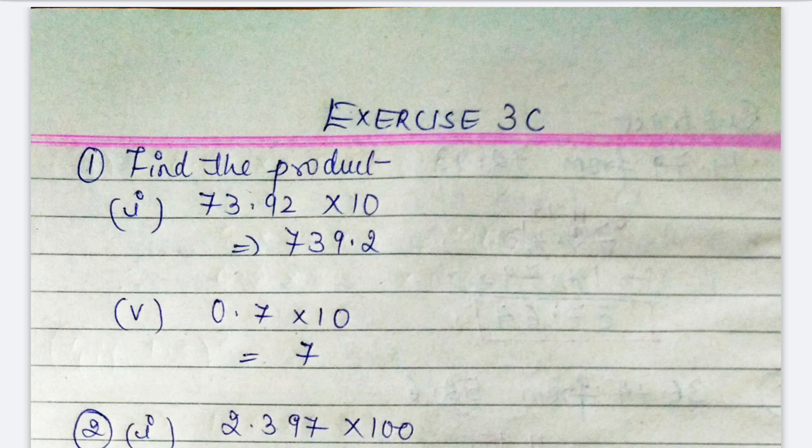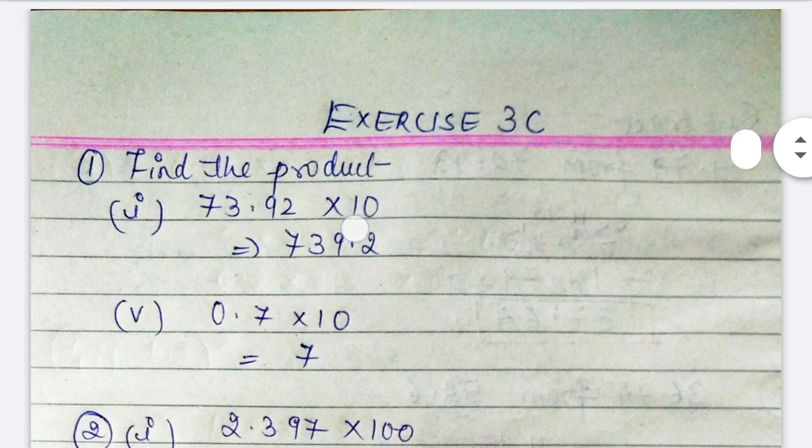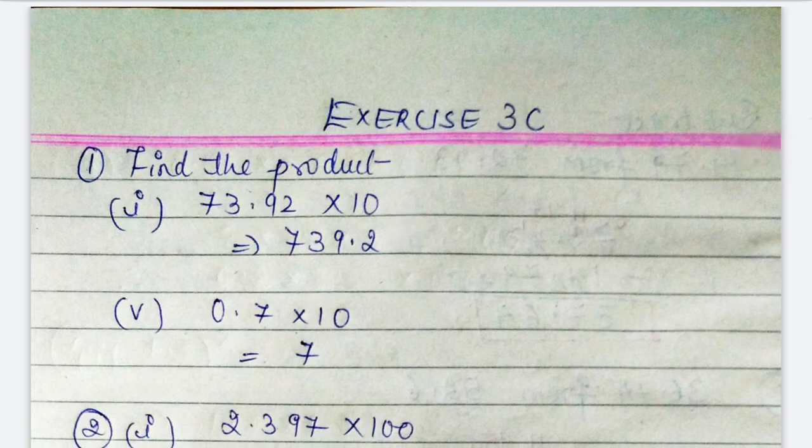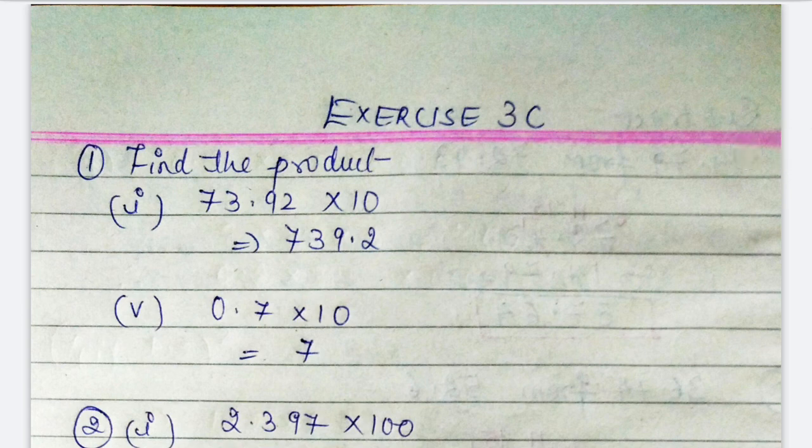73.92 into 10. If we are multiplying the given number with 10, 100, 1000, what we have to do so that the multiplication becomes easy? If we multiply with 10, that is a one digit zero number, the decimal is shifted one place value.